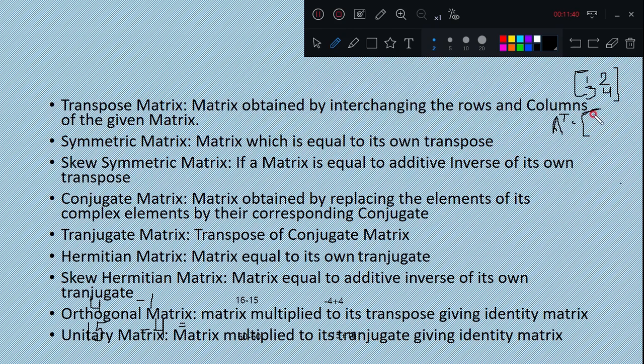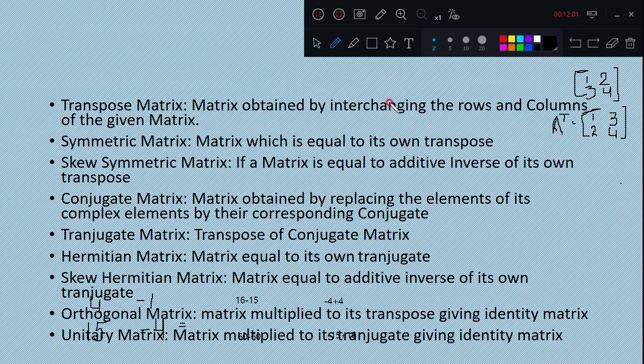So 1, 2 will get columnized and it will be like this. 3, 4 will be written as this. Now this A^T is the transpose of matrix A.